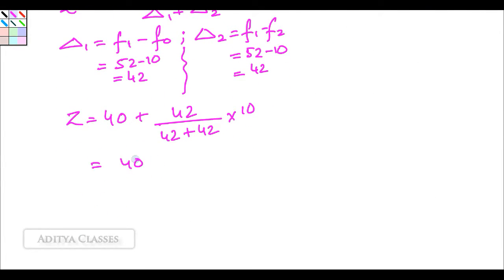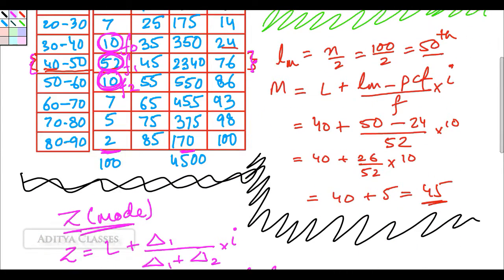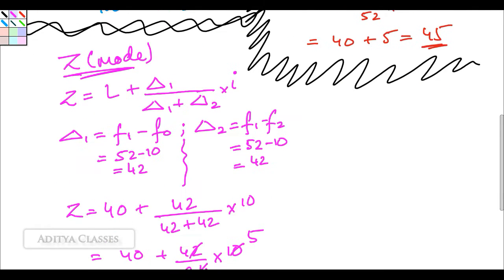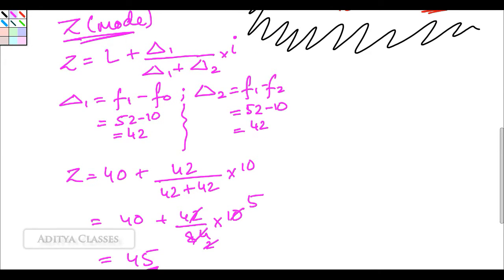If we go ahead and solve it, it will be 40 plus 42 upon 84 multiplied by 10, once again giving us a mode of 45. So incidentally in this question, all three things, mean, median and mode, everything is 45.